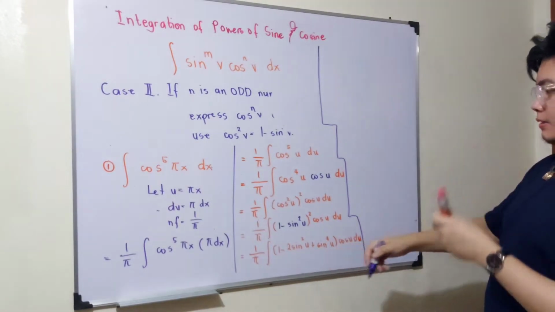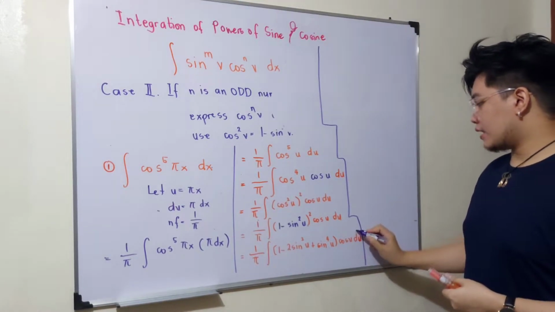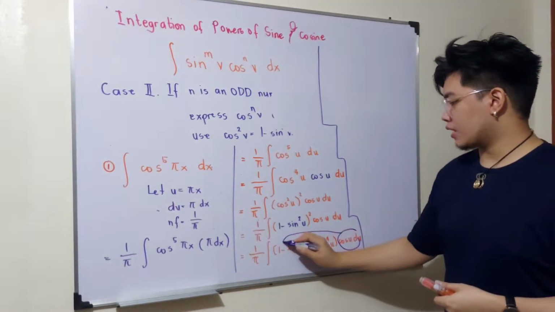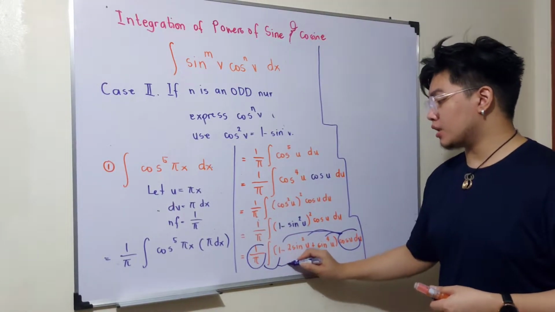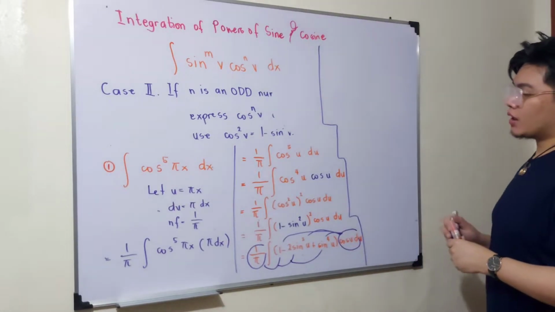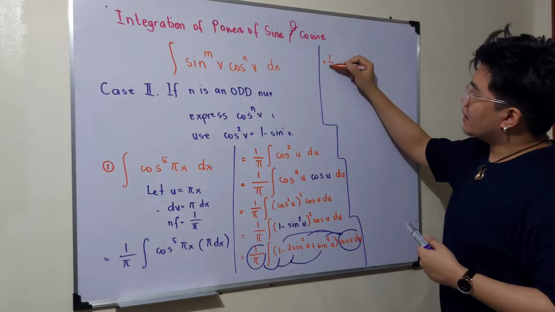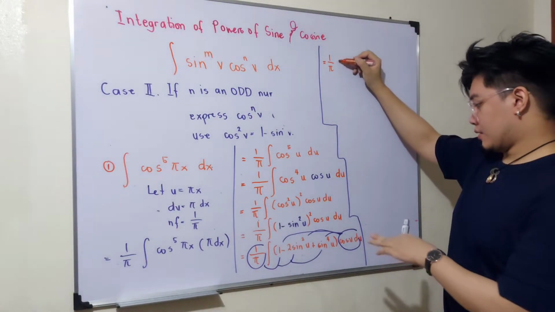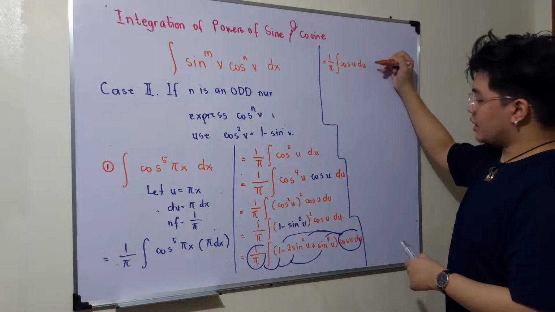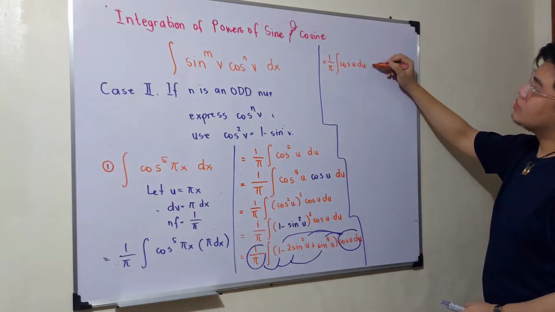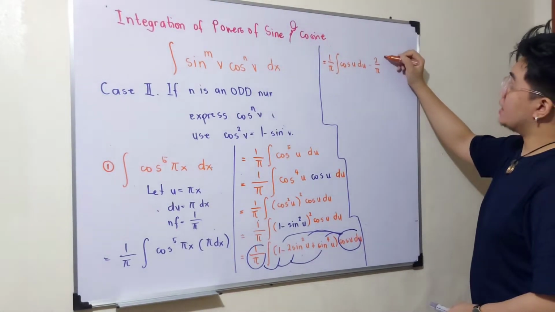Okay? Pagkatapos nito, i-distribute natin tong cosine u du dito sa tatlo. Tapos itong 1 over pi, i-distribute din natin. Yan ang wag na wag natin kalilimutan. So we have 1 over pi, and then we have here cosine u du, and then ito minus 2 over pi.